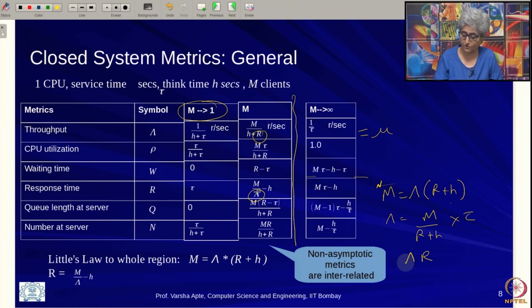If we have a measurement of throughput, then we can get response time, and so on. So, it is useful to have these relationships, but only when you are looking at the asymptotes do you get the values of these metrics in terms of the parameters. Remember, m, tau, h are the parameters. All of these are in terms of the parameters, but the non-asymptotic metrics are not. Okay, so, this just summarizes what we have seen so far.